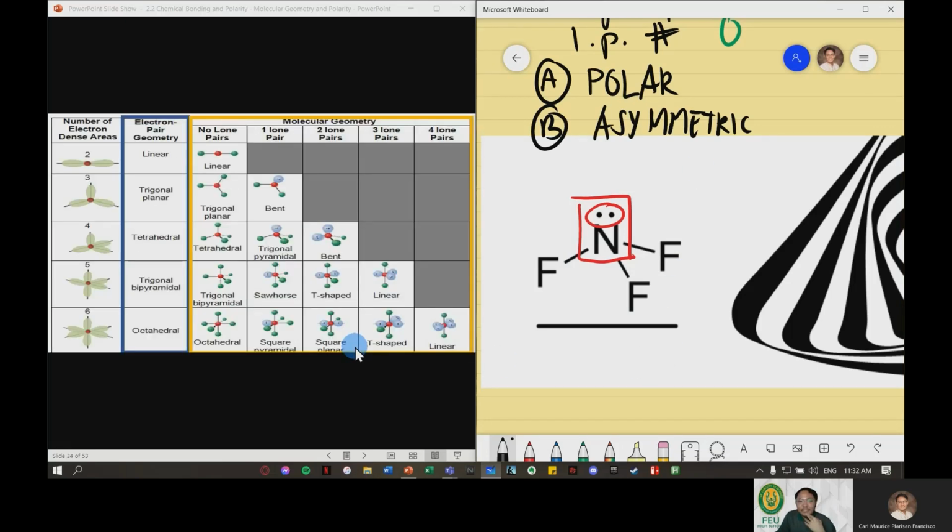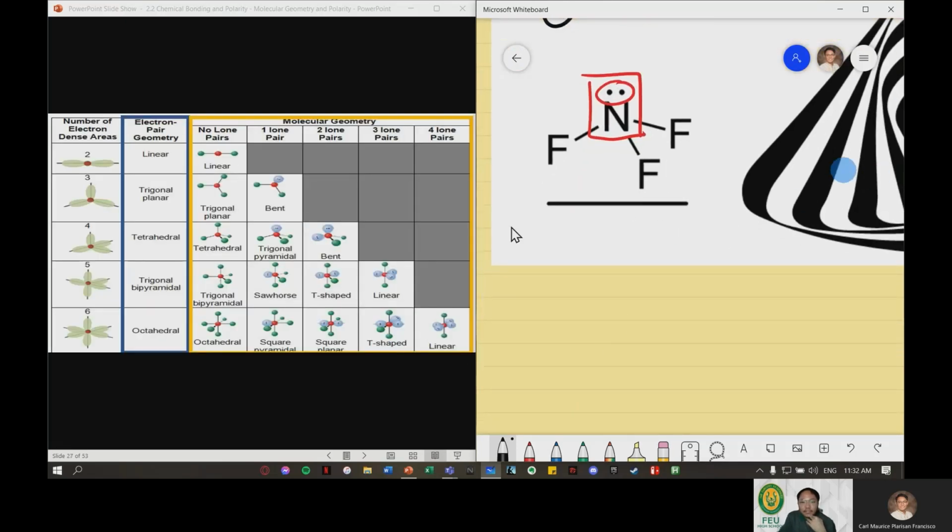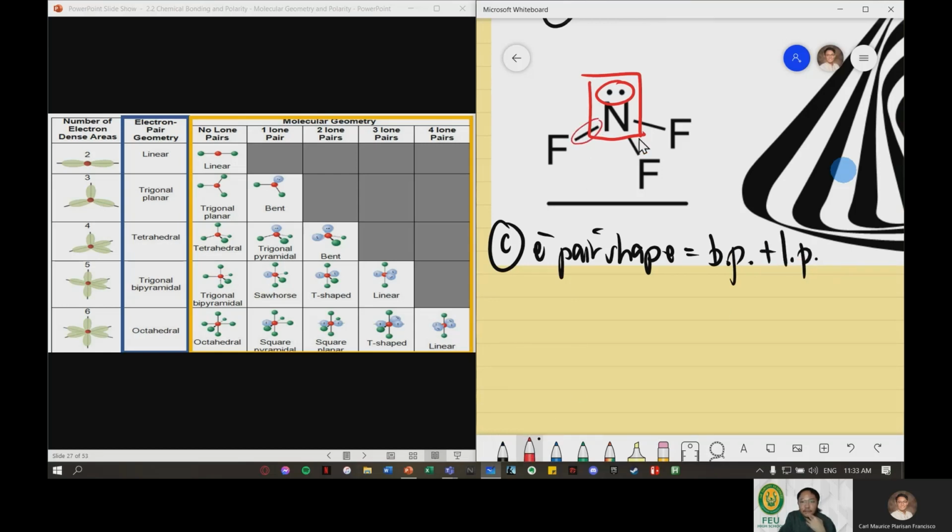Okay, now we proceed with the shapes. This would be letter C. We have here the electron pair shape. Your electron pair shape is characterized with BP number and LP number. So my bonding pair number is 1, 2, 3 plus lone pair. We have one lone pair. 3 plus 1, you have 4.